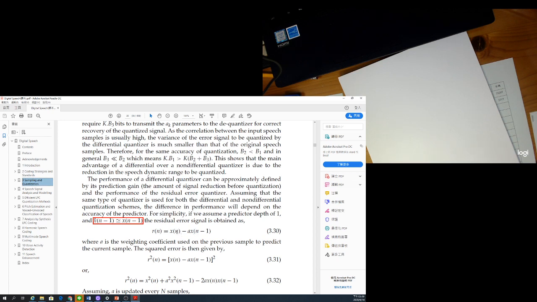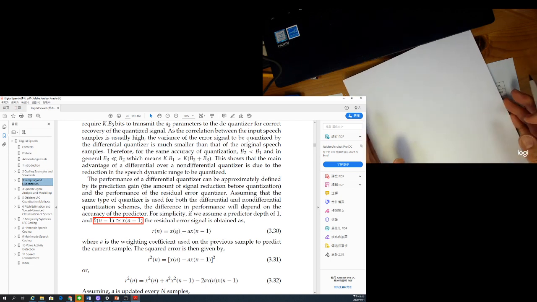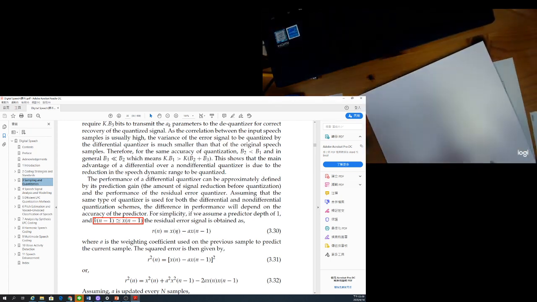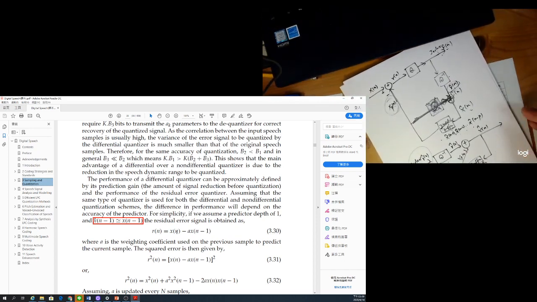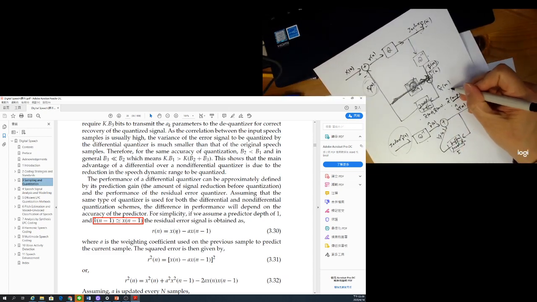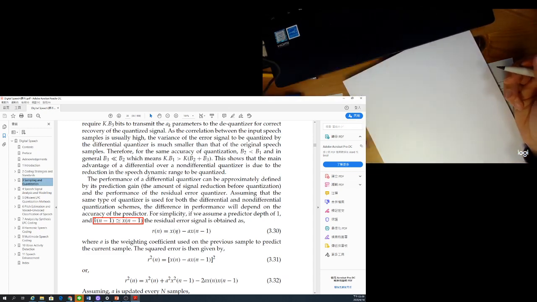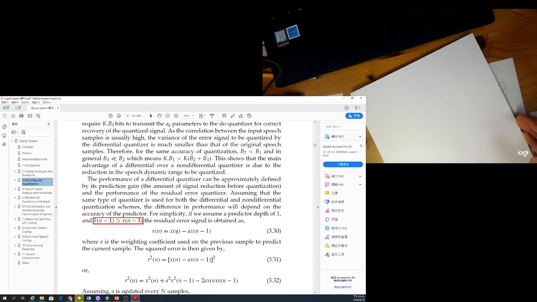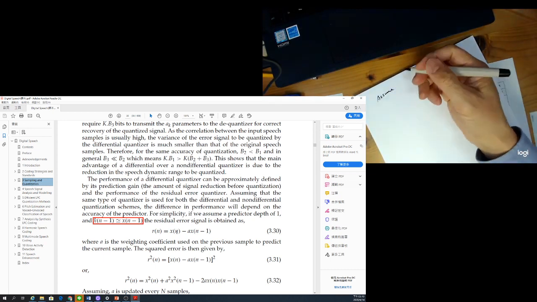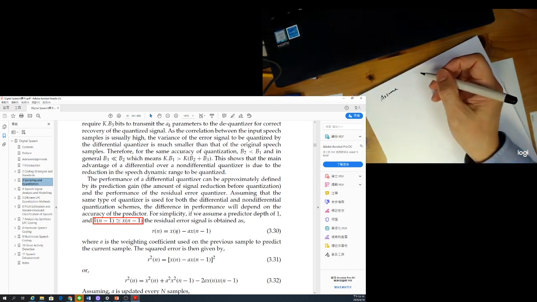So suppose we consider the previous P components. Right now P equals 1, so we only consider the previous one to do the prediction, and we try to make our mathematical equation simple.